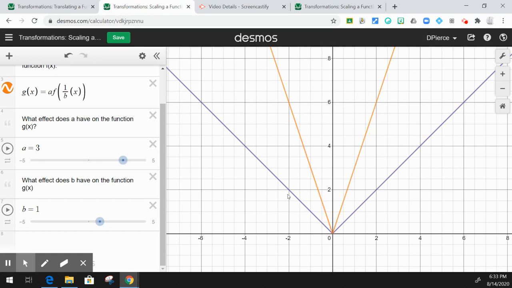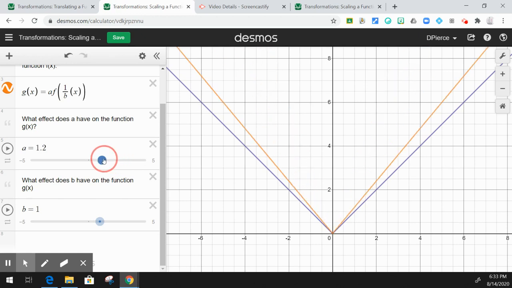If I look at another point here, this point had a y coordinate of 2. If I multiply that by 3, I now have a y coordinate of 6. So you're tripling the y coordinate, or multiplying it by 3. All right, so to make this go back to lining up with the parent function, I've got to take this back to 1.